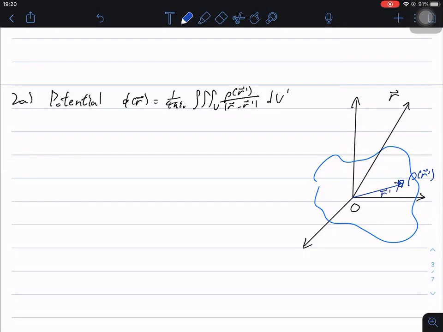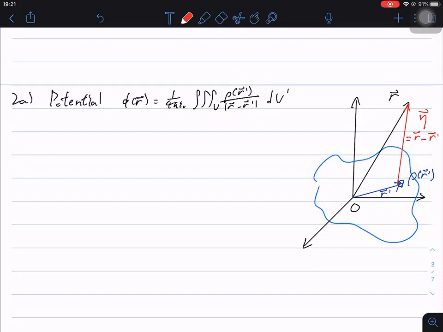Okay, so the integrated form is basically Coulomb's law, because we are summing rho over eta squared. We define the distance between the observer and the charge density rho to be eta. So eta is basically the vector r minus r prime.